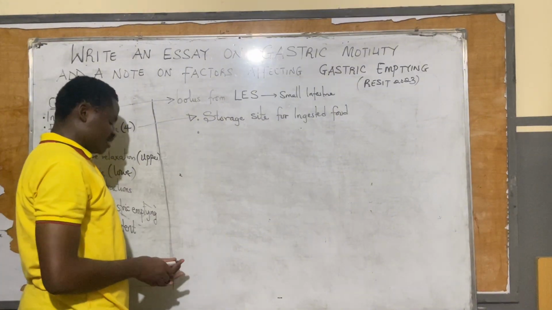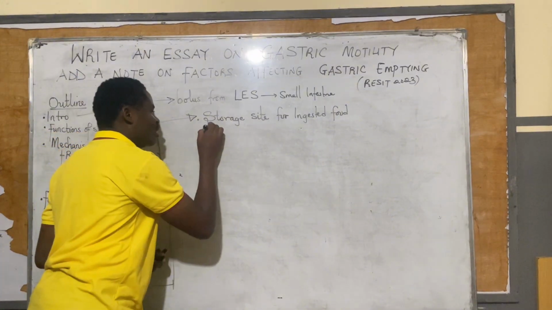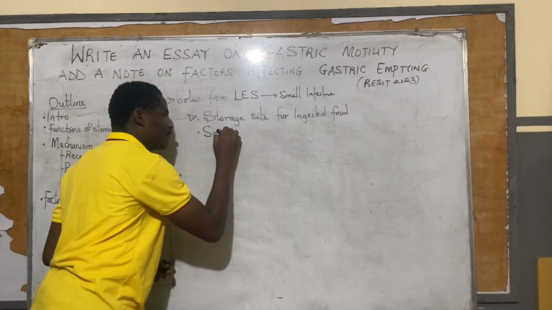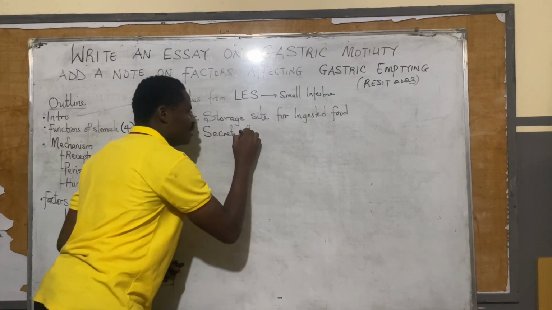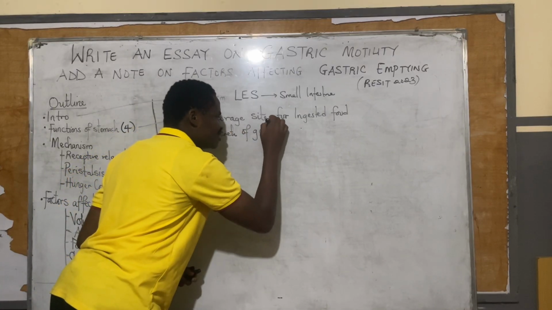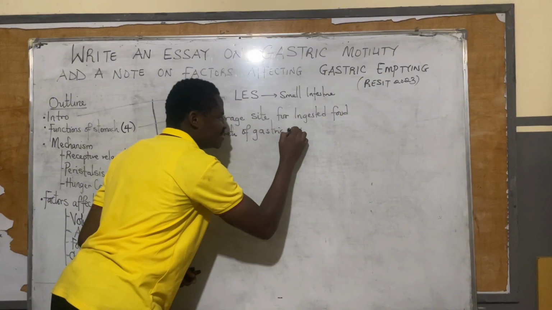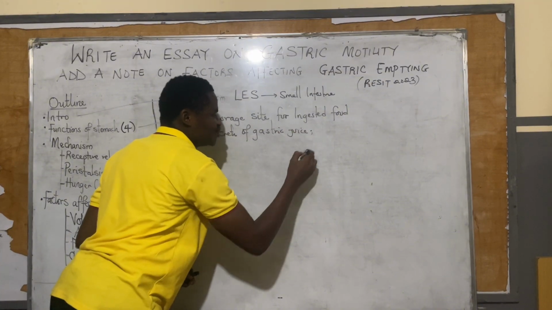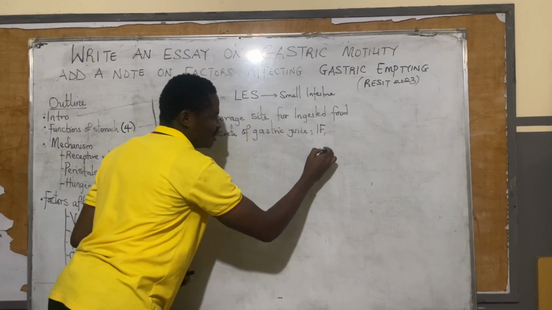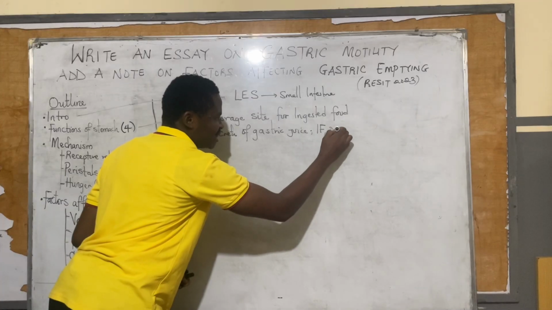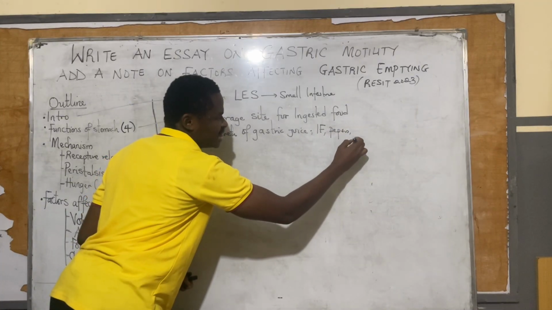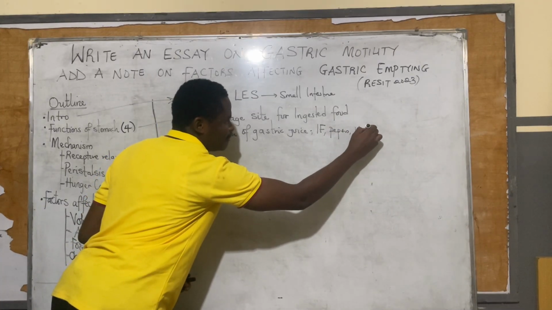Number 2, secretion of gastric juice, and gastric juice is rich in substances like intrinsic factor, pepsin, and HCl acid.